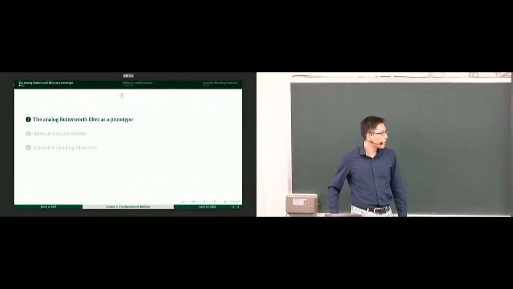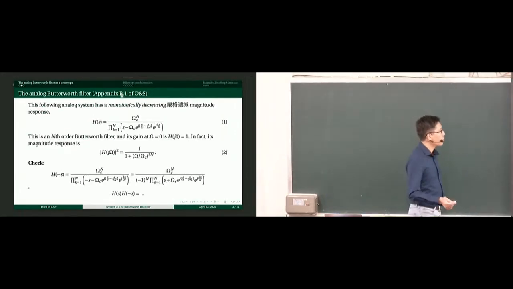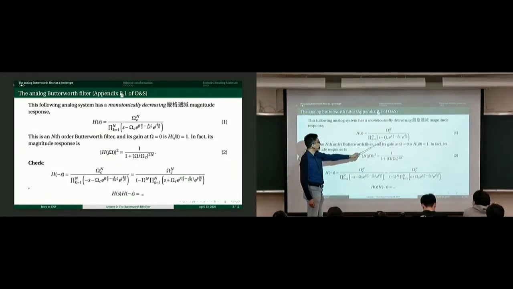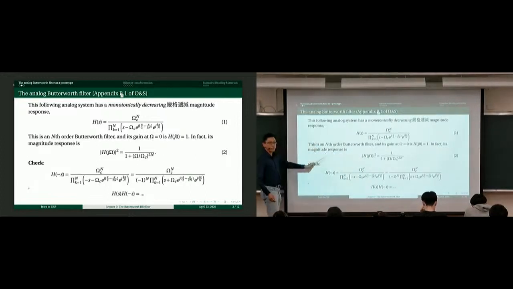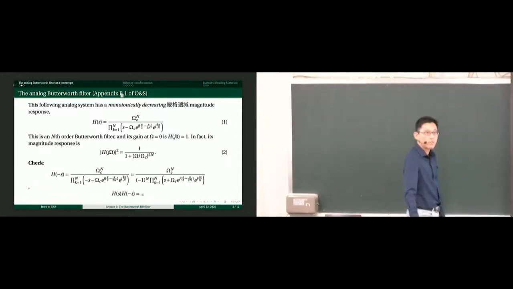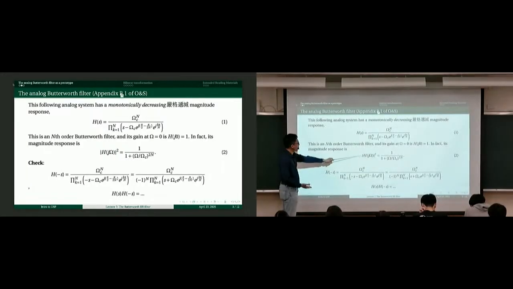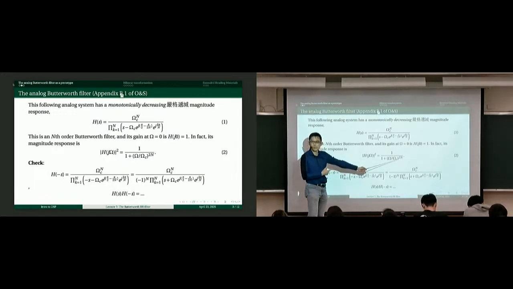We have seen that if you arrange a transfer function in the S domain like that, putting several poles around one circle, and that circle has a radius of omega c, in the S-plane, not the Z-plane yet, then from there you can show that the magnitude square as a function of frequency has a very nice expression, which is monotonically decreasing with the corner frequency exactly placed at omega c.